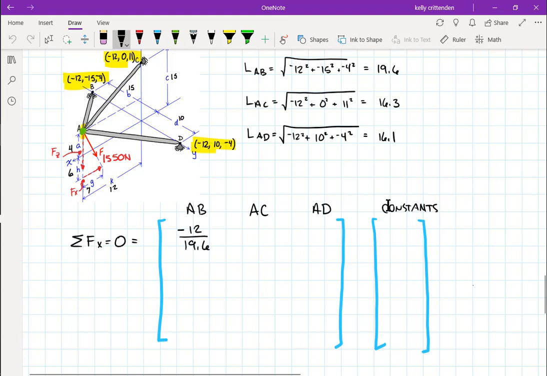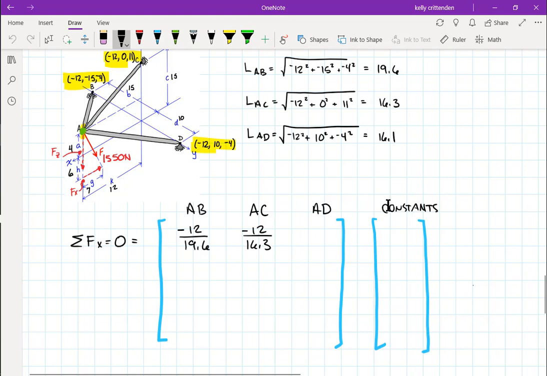The next one, if I put something in this spot, should be the coefficient that goes with strut AC, or magnitude AC at the top there. For that one, I would take its x component, which is also negative, they're all -12, but it has a different length, 16.3. This number, -12 over 16.3, is the cosine of theta x for strut AC.